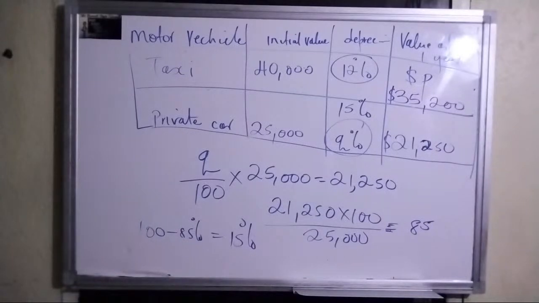The rate for the taxi is 12%, so we decrease the new value, which is 35,200, by 12%. And for the private car, the new value is 21,250, and we know that it depreciates at a rate of 15%.